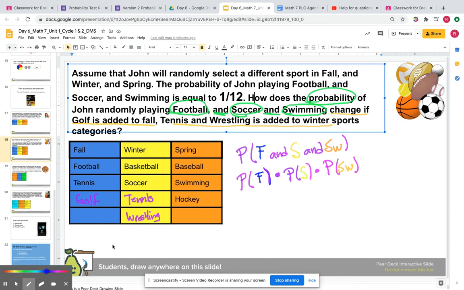Go ahead and respond. And I hope you're able to notice that with the addition of golf, you have a 1/3 probability of selecting football at random. Remember, drop down the multiplication symbol. The probability of selecting soccer at random in winter is now 1/4.